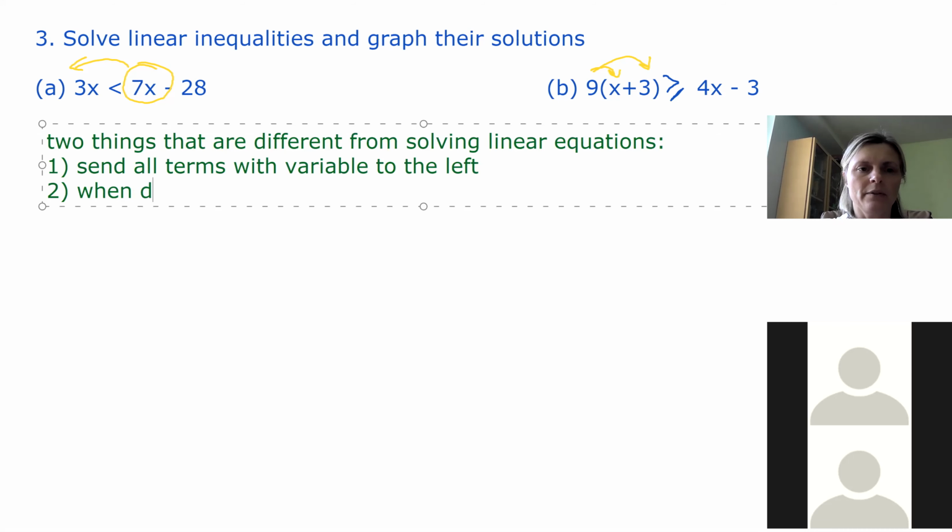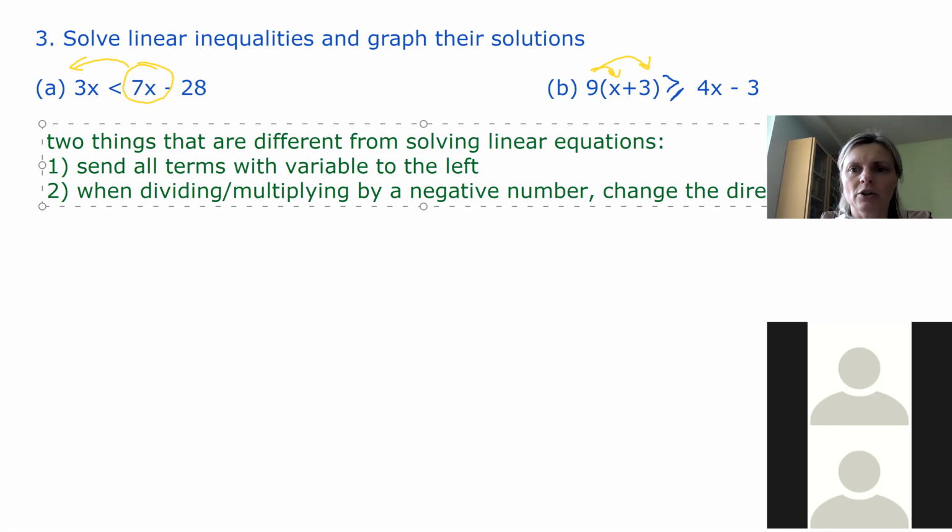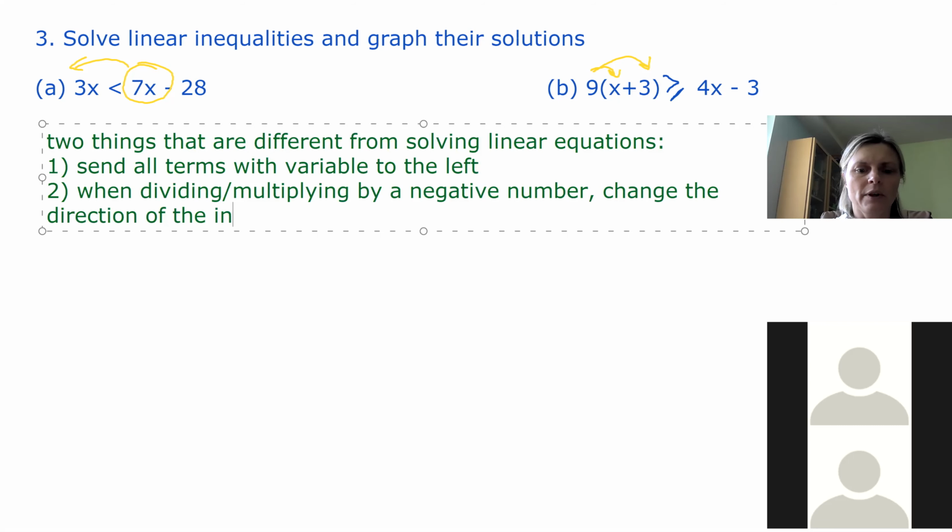Second, when dividing or multiplying by a negative number, change the direction of the inequality sign. Okay, so two differences only, right?